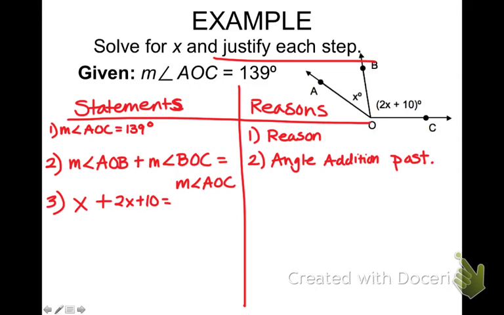The measure of angle AOC was given to us as 139. Okay. Common mistakes where students are going to lose points is they're going to forget to do this line 2. Do not forget this line 2. Okay, you've got to get that in there. So this was a case of the substitution property.